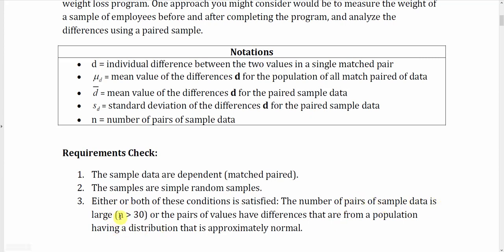Make sure that we have at least 30 pairs, or if you have less than 30, then make sure that the differences of the pairs are from a population having normally distributed data, a normal curve.